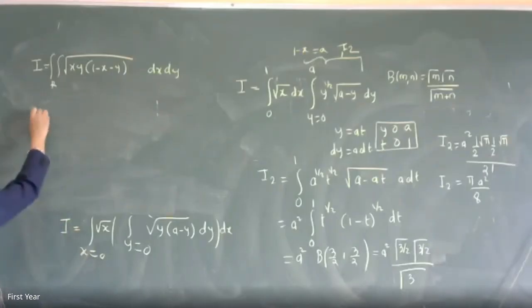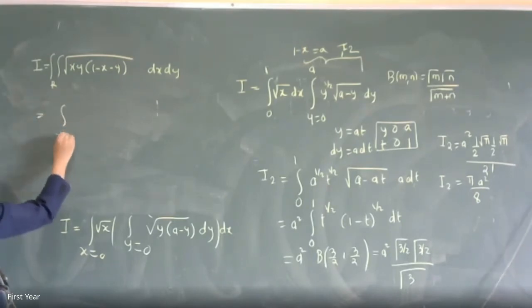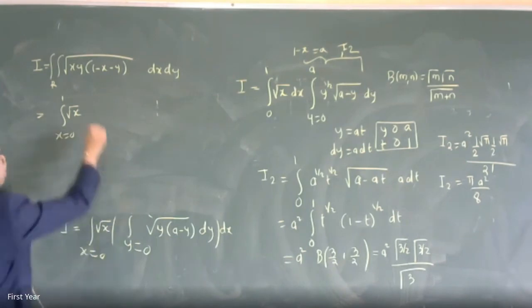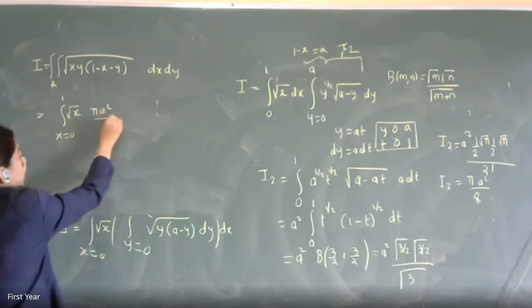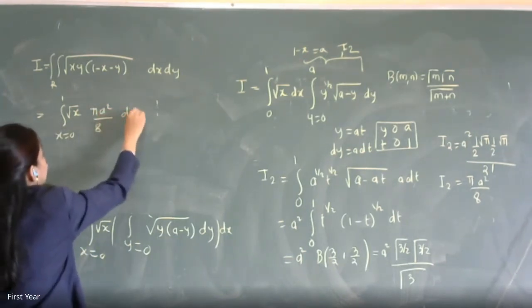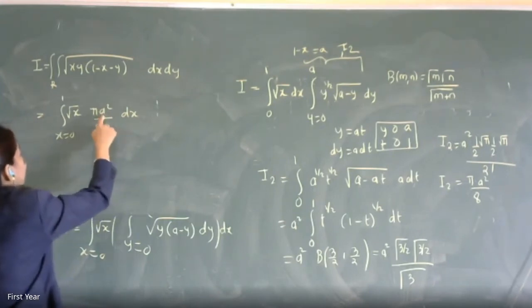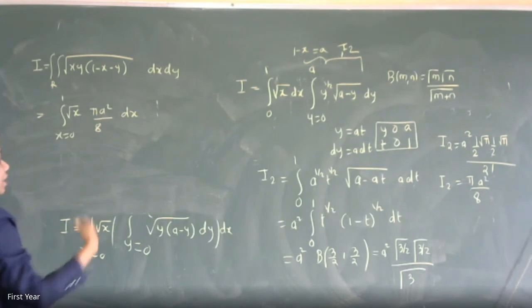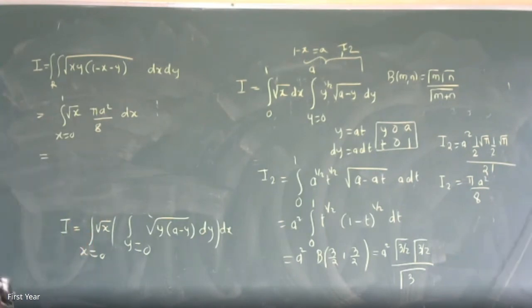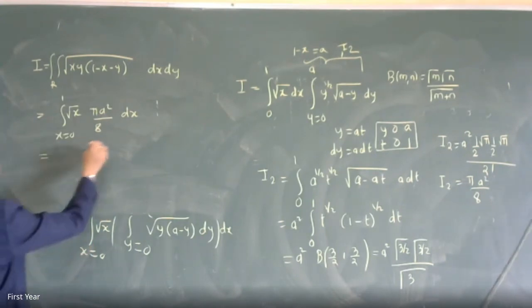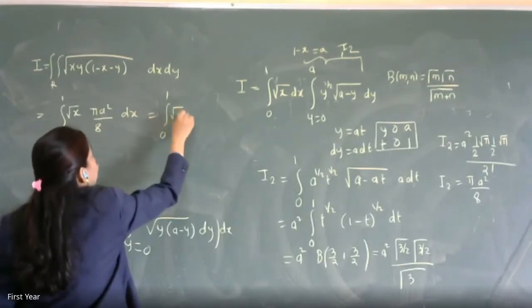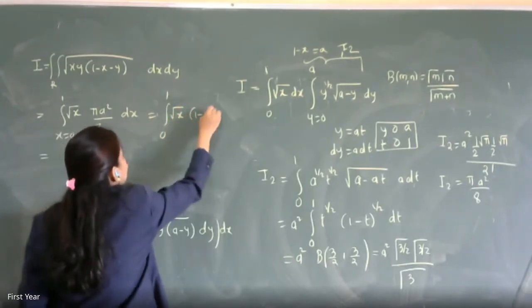Therefore I, which is integration x is equal to 0 to 1 root x into pi a square by 8, dx. Substitute the value of a back. Many students go wrong here. They write a as constant and forget, and then they write down the answer which is present in the options. So a is nothing but 1 minus x, so it is 0 to 1 root x into 1 minus x.